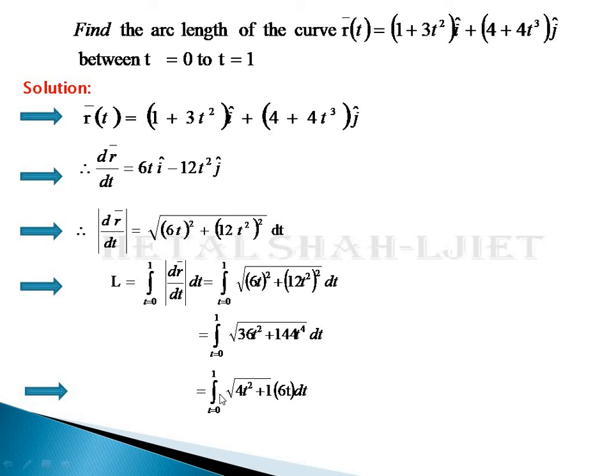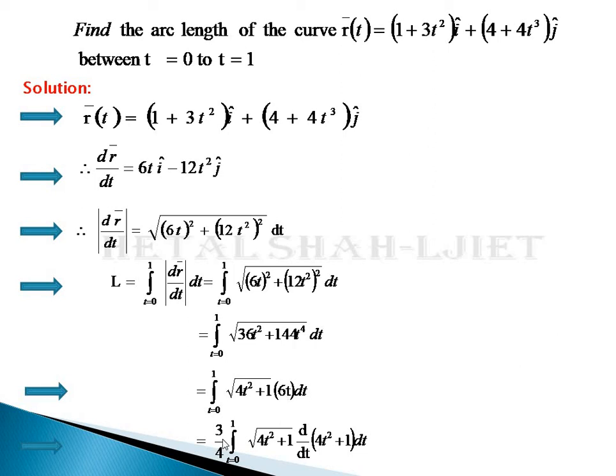Now we want to integrate this term. So I represent this term as 6t under root of 4t square plus 1, keep it the same. I write 6t as the derivative of 4t square plus 1. Here the derivative of 4t square plus 1 is what? 8t.